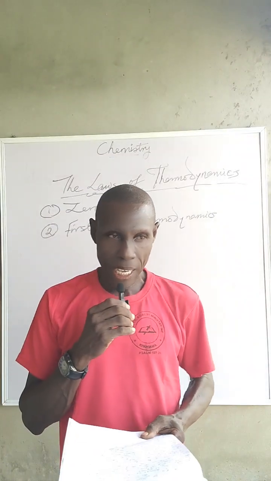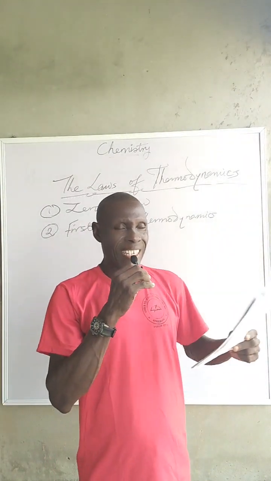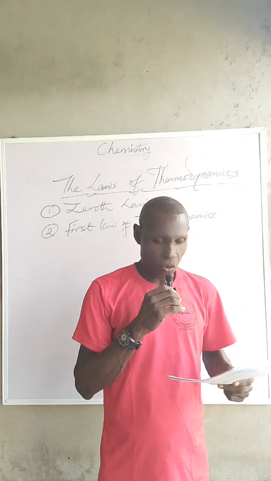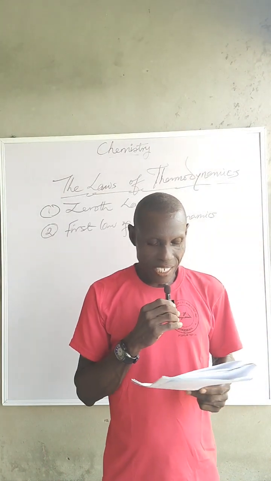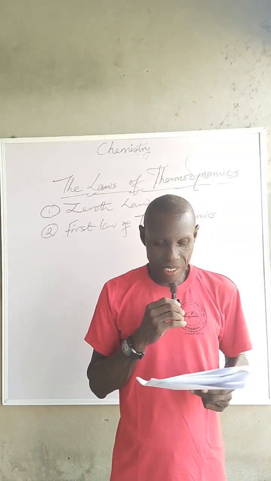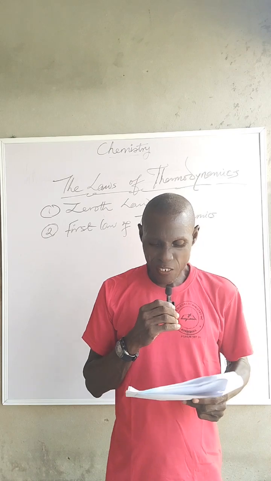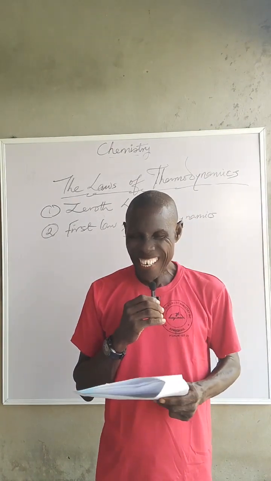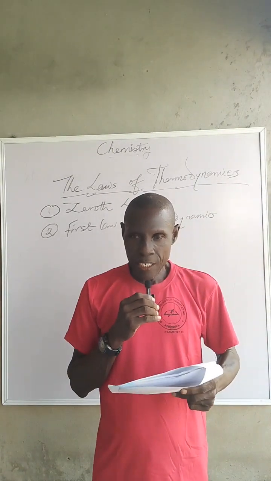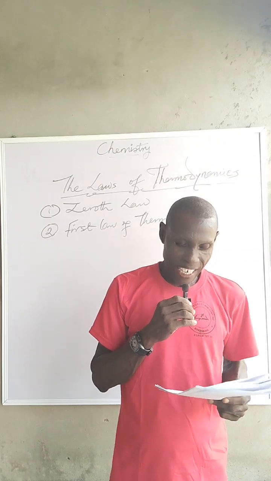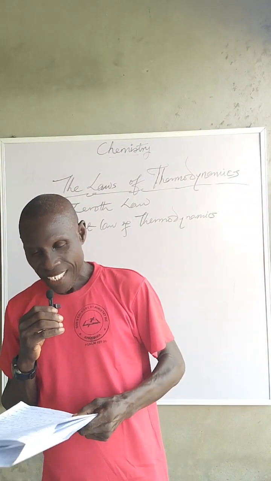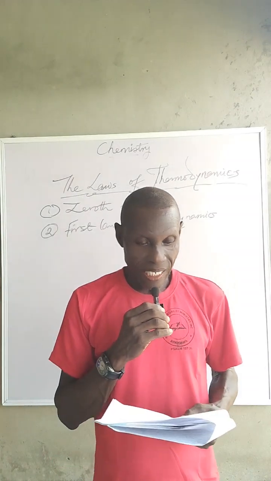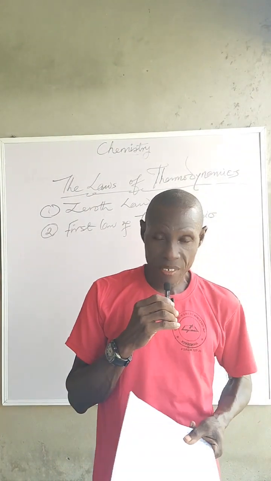Maximum disorder. Now, when we say natural, in quotes, we are talking about systems. So the first natural law is saying that systems tend to attain a state of minimum energy, at least. And again, the second law is saying that systems also tend to attain a state of maximum disorder. These are two natural laws that back up the first law of thermodynamics.